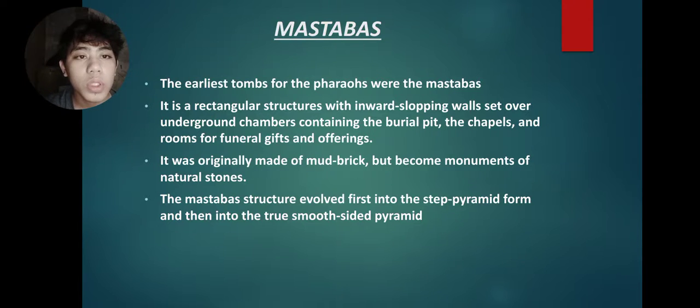The mastaba structure evolved first into the step pyramid form and then into the true smooth-sided pyramid. So una, ang mastabas evolved sa step pyramid form na lakawanan, and then niabot ang panahon na nahimo na siya smooth-sided pyramid.